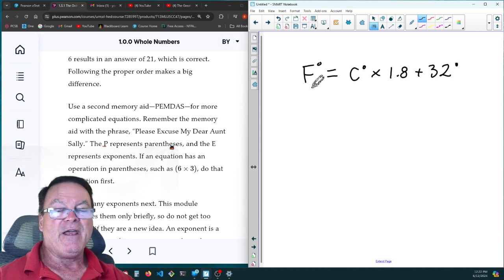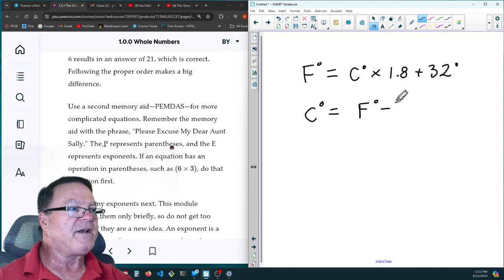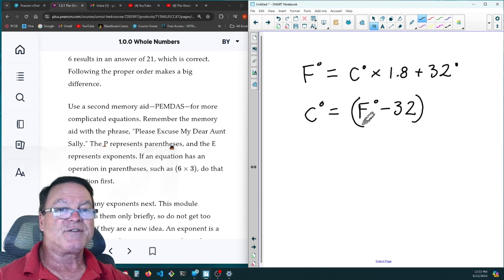If you wanted to go the other way, if you want to find out what the Celsius value of a temperature is from Fahrenheit, you would do Fahrenheit minus 32. I'm going to have to put those into parentheses to make sure that's done first.